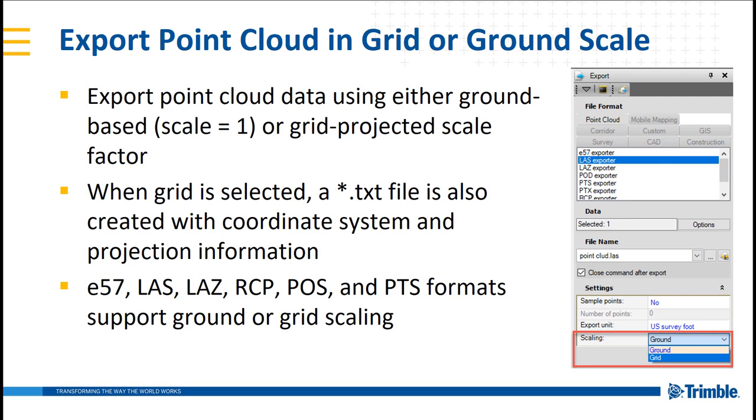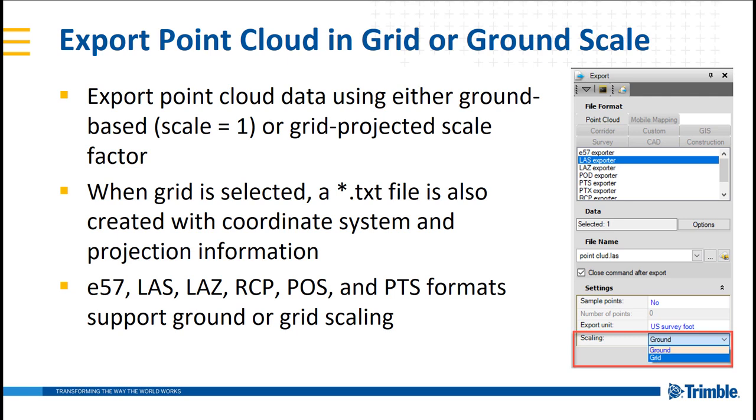Sticking with point cloud exports, we've enhanced the point cloud exporter overall for the E57, LAS, LAZ, RCP, POS, and PTS formats to support either ground or grid scaling. So you can export point cloud data using ground scale. Scale factor is usually a 1, so real world distances. This is typically what terrestrial scanning data is in.